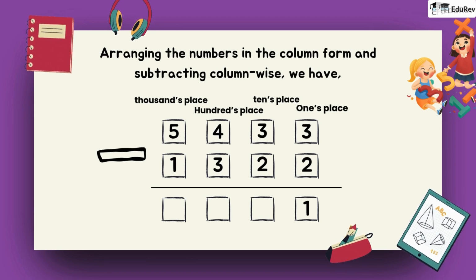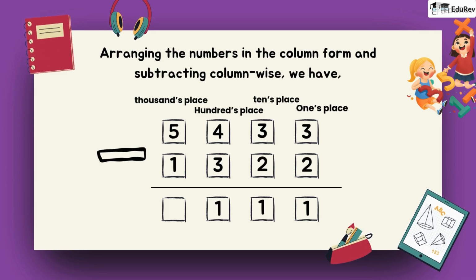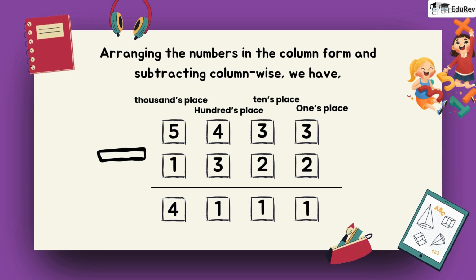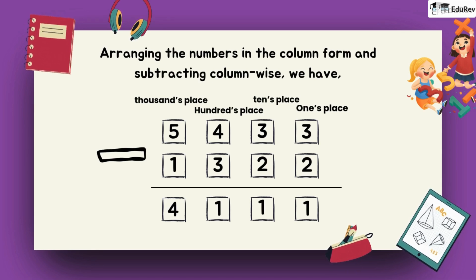At tens place, 3 minus 2 equals 1. At hundreds place, 4 minus 3 equals 1. At thousands place, 5 minus 1 equals 4. So, the answer is 4,111.